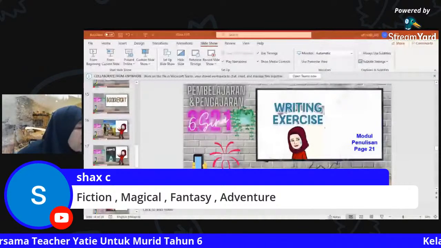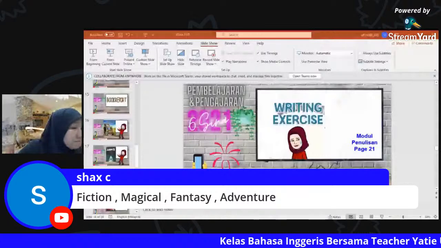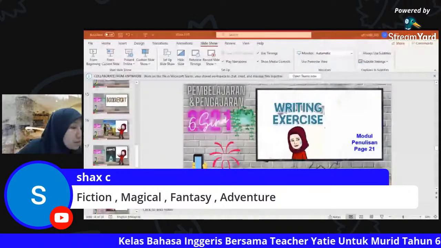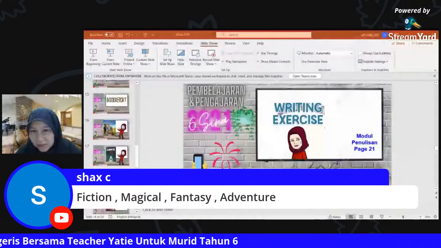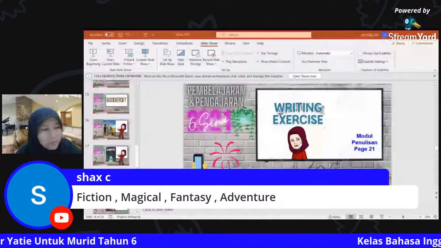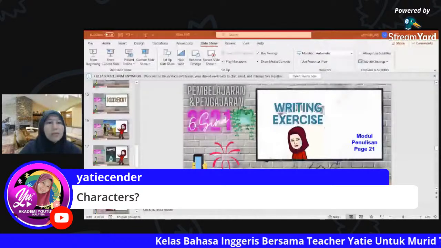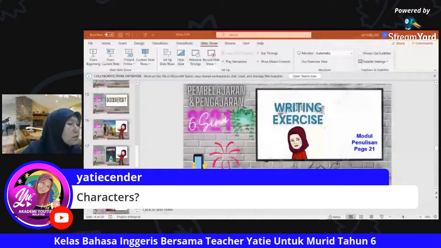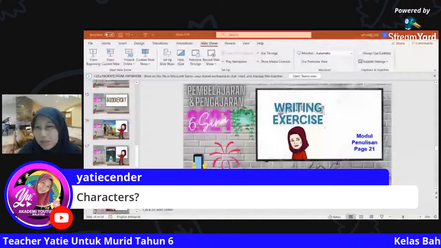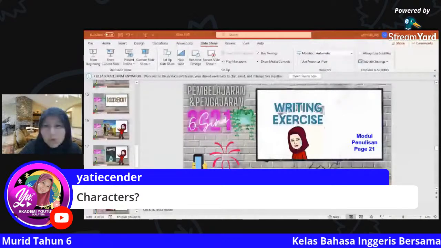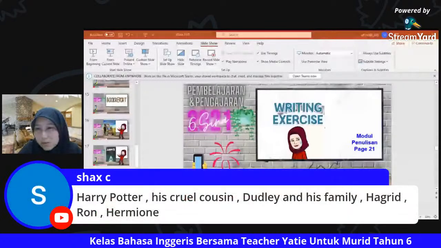Harry is the main character. Hermione, Hagrid, Voldemort, to name a few in the story. So you can name more than one, because in the book report you write characters, not only the main character. You can put the main character and the supporting characters.